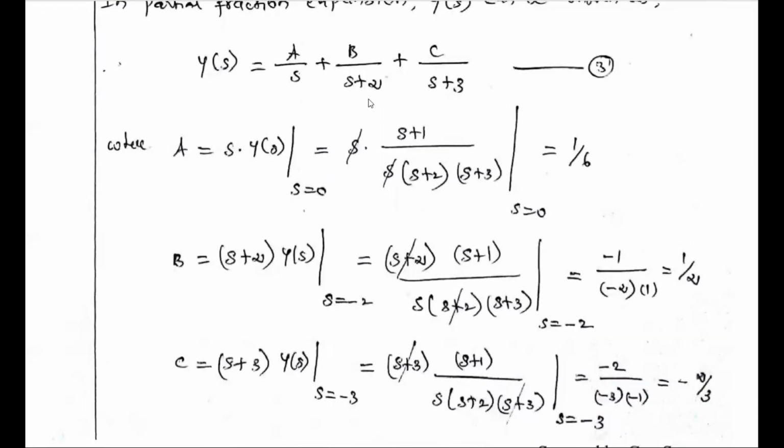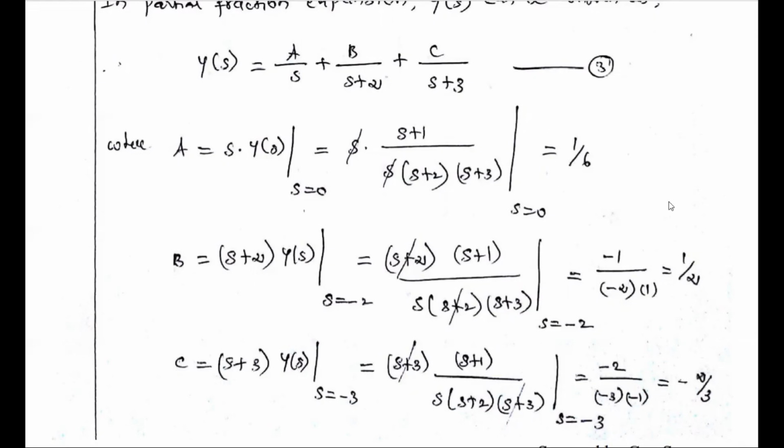Okay, similarly we have to calculate B. So how to calculate B? The value of B is (s plus 2) into Y of s at s equal to minus 2. Here (s plus 2) cancels, then in the remaining terms we substitute s equal to minus 2. So we got the answer 1 by 2. Similarly, the C value is calculated as minus 2 by 3.